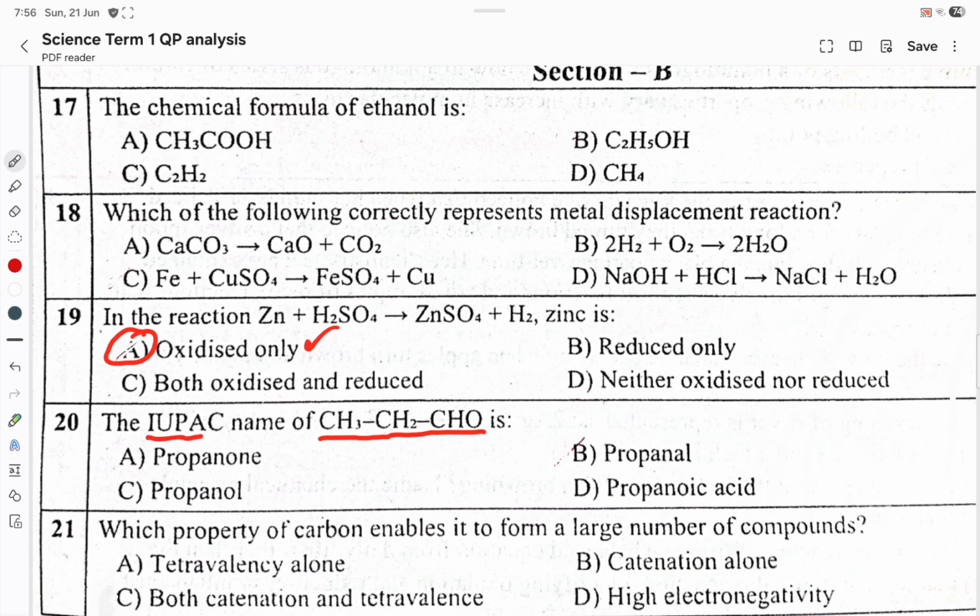Now we have functional groups. In question number 17 we have seen four kinds of functional groups: this is carboxylic acid, this is alcohol, this is alkyne.